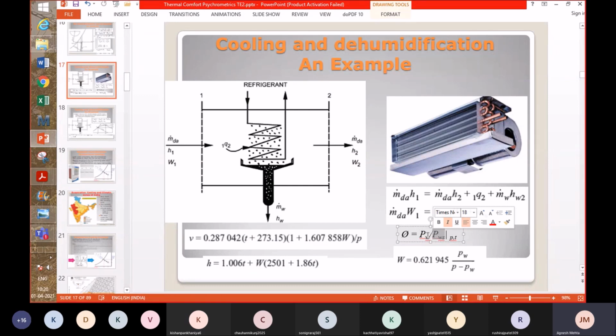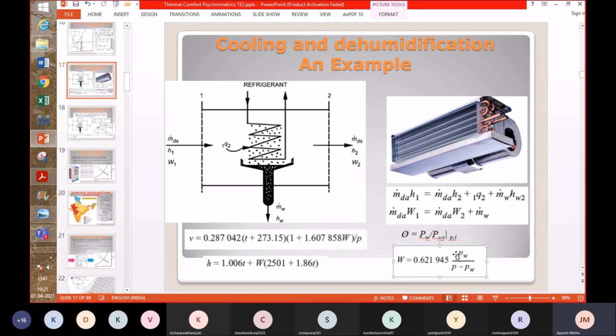That's how you get PW, and then using PW you can get the humidity ratio: W = 0.621945 PW / (P − PW). What is P? It is the total pressure. Unless it is given, you can take it as 101.325 kilopascal.